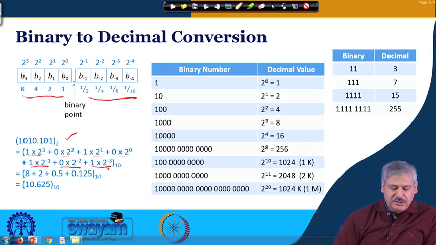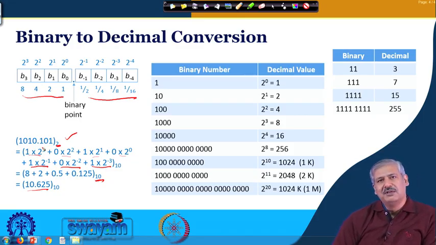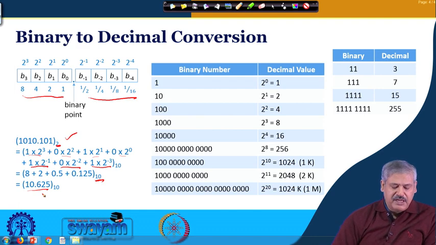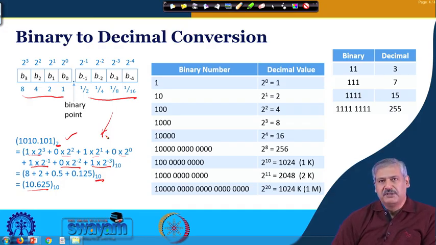If you add them up, 0.5 and 1 upon 8, which is 0.125, it is 10.625. This 2 means base 2 and this 10 means base 10. So, 1010.101 base 2 is equivalent to 10.625 in base 10. This is the way we can convert from binary to decimal.